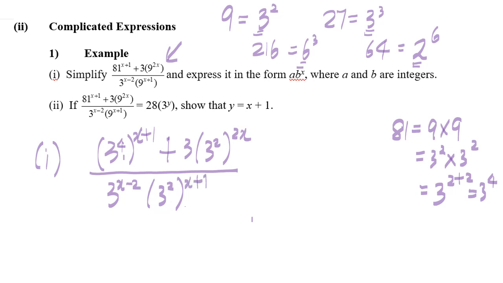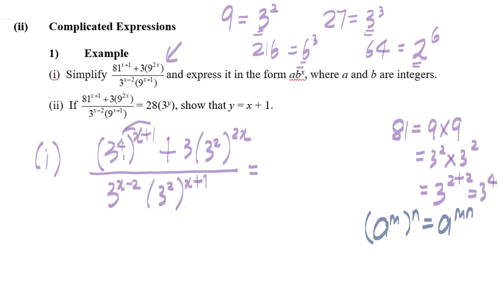From here, the next step we have to apply will be this rule. If you want to do this chapter well, you have to memorize all the rules, then you can use them effectively. So this will give us 4 times x, then 4 times 1.